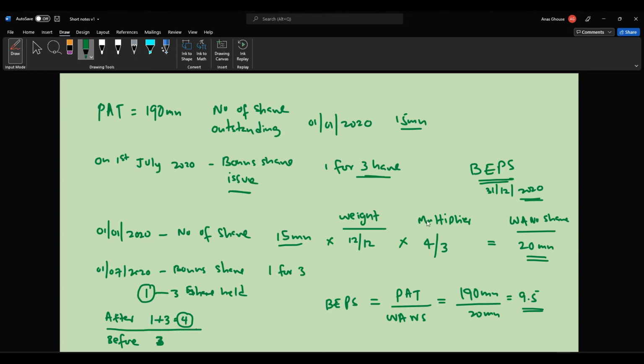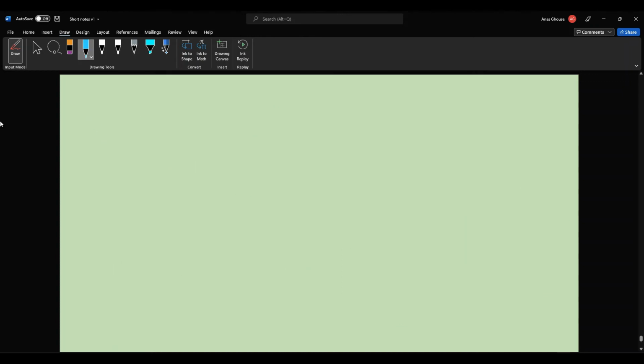So we take that ratio as a multiplier, 4 divided by 3. Multiplying by the weight and the multiplier, the weighted average number of shares will be 20 million. So basic earnings per share will be profit after tax divided by weighted average number of shares, which is 9.5. Now let's move on to another question.